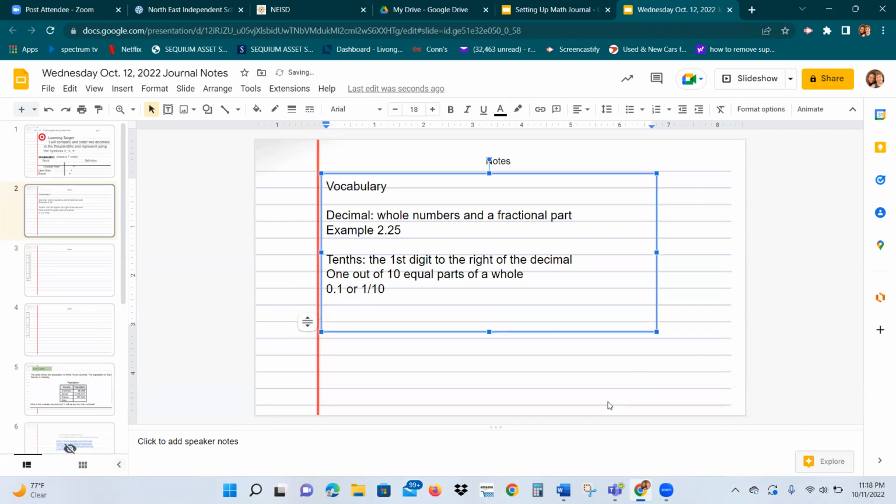The next one is going to be hundredths. And I'm going over this because of the quiz that we had. I want to make sure that you're understanding it because this is super important as we move into fractions.